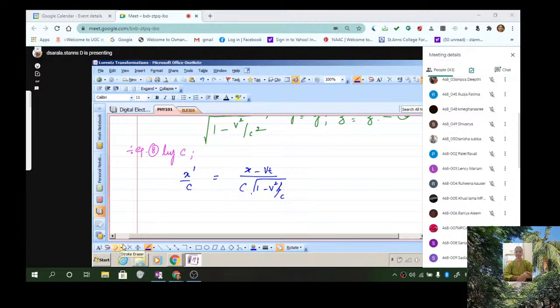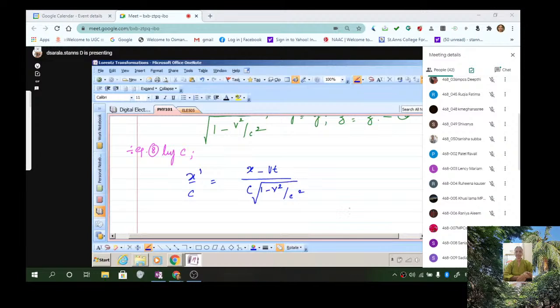x dash by c is equal to (x minus vt) by c into square root of (1 minus v square by c square).